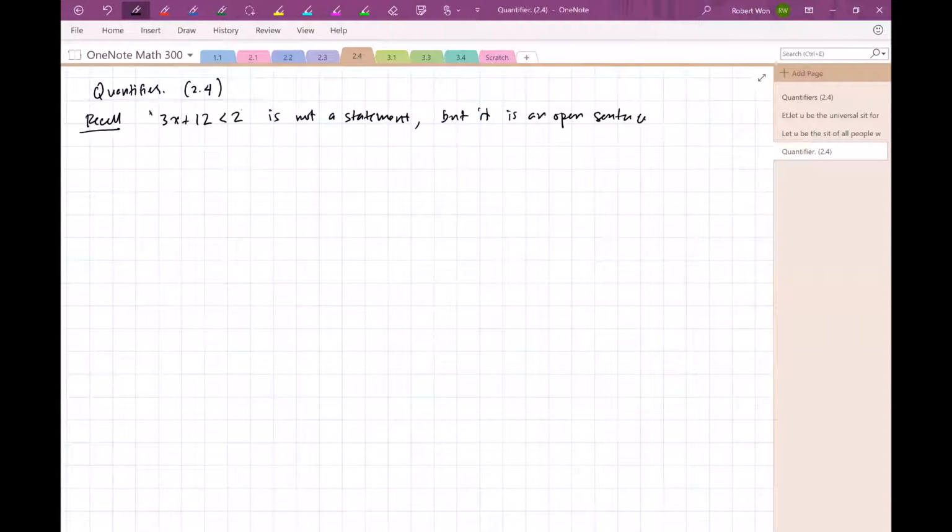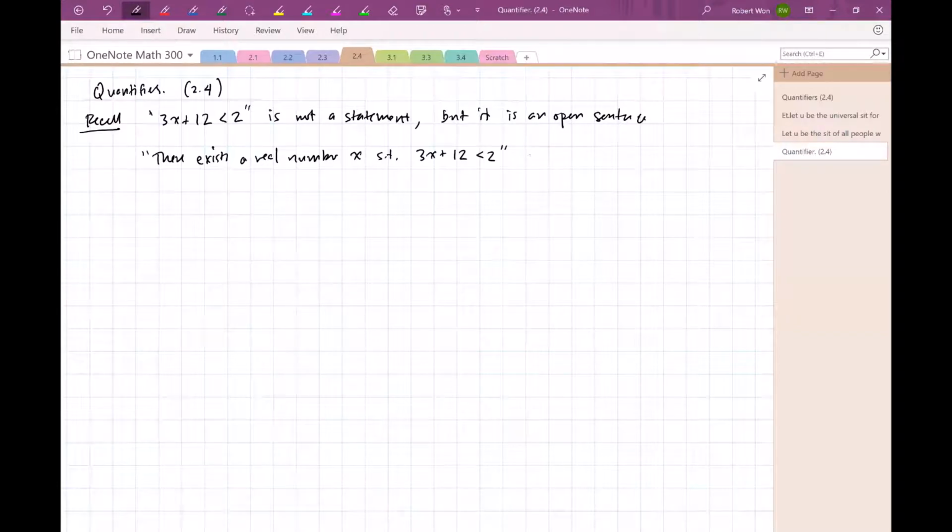But there's a different sentence, which is: there exists a real number x such that 3x + 12 < 2. And this is a statement, right? You can say that this is definitely true because you could take x to be -100, right?